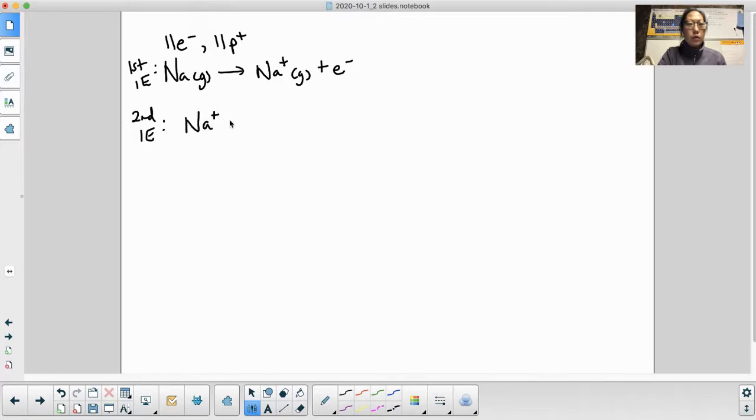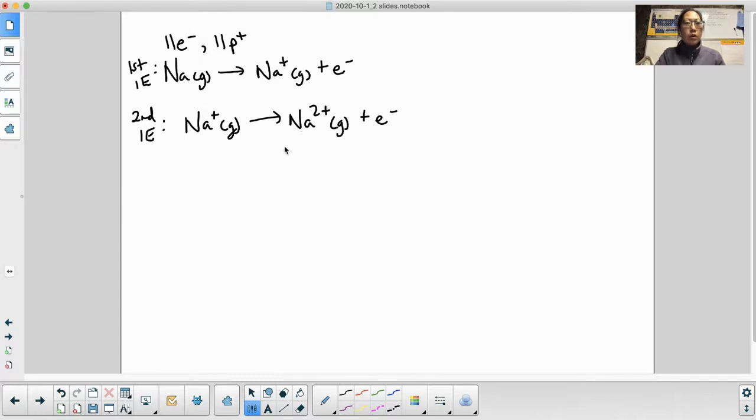So here we have sodium plus gas. If we take a second electron off of something that's a plus, we now have sodium 2 plus gas plus another electron that flies off. So that's our first ionization energy, going from the atom to a +1 ion. And here's our second ionization energy, going from the +1 ion to a +2 ion. In each case, one electron gets removed.